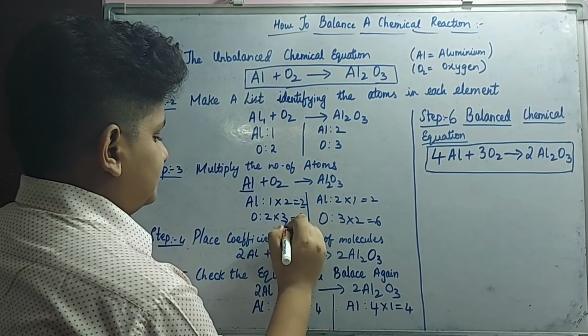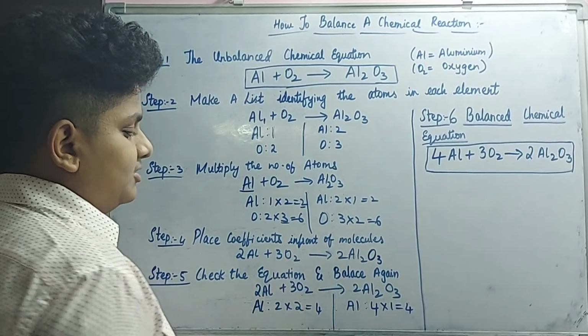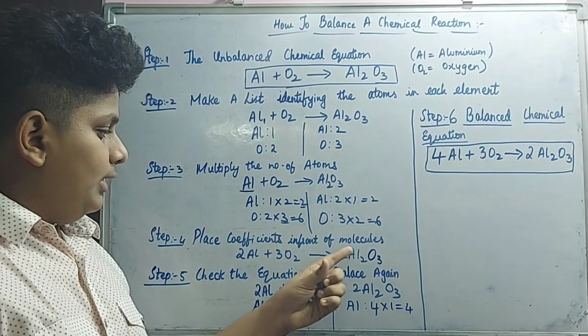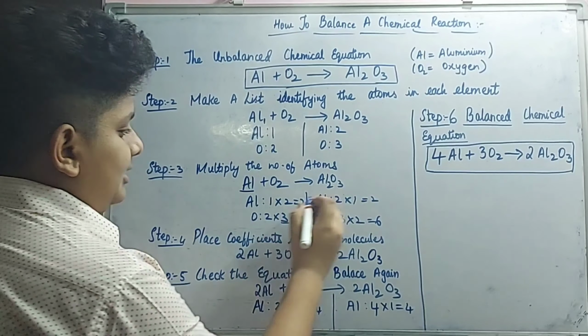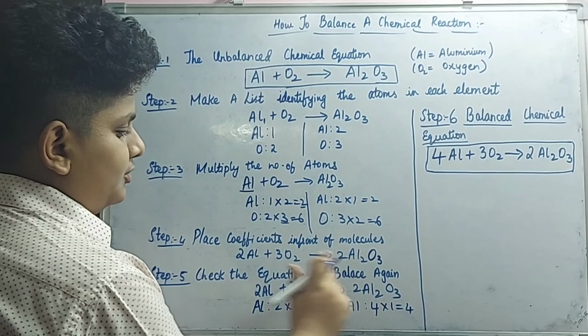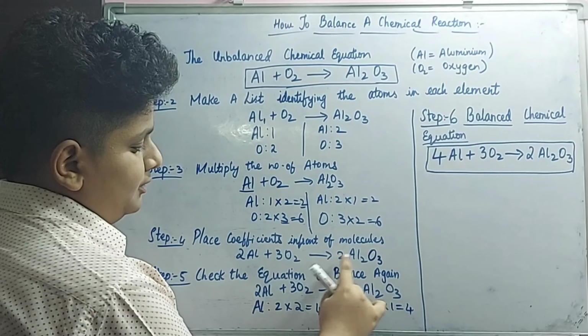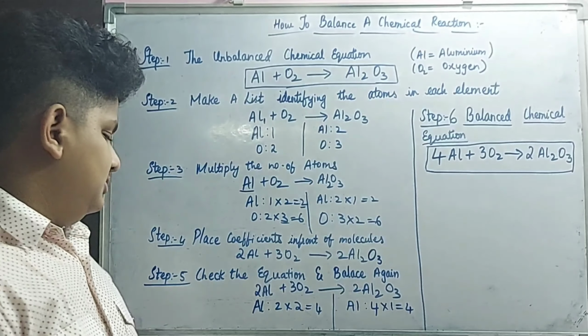If this 3 comes up here to oxygen, it is 3O2. If the product goes that side, then we will get 2Al2O3. Here 2 into 2 is 4. Let's balance it now. 2 into 2 is 4 and 2 into 3 is equal to 6.